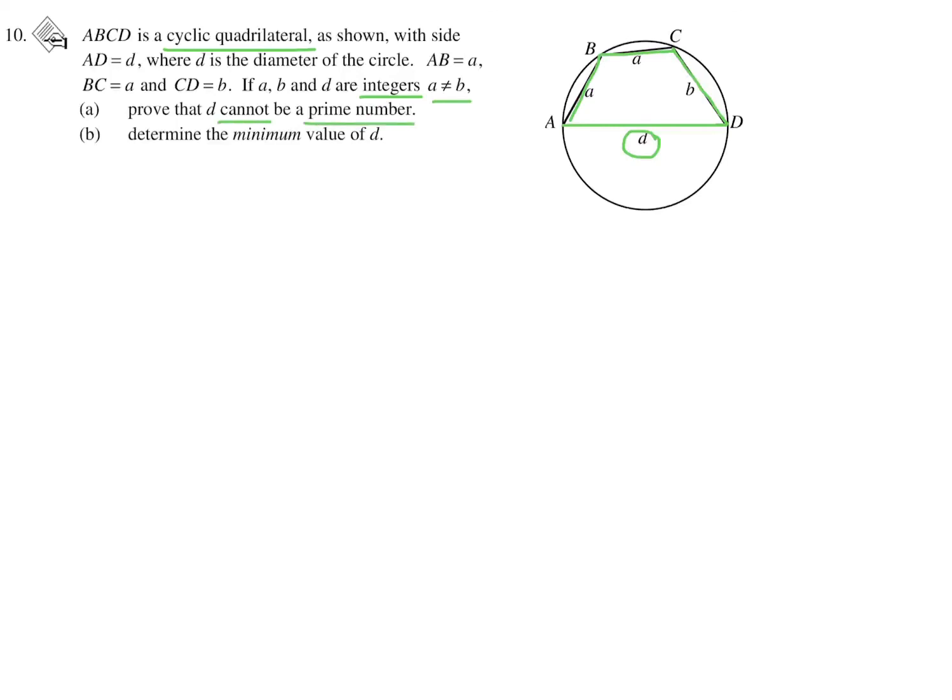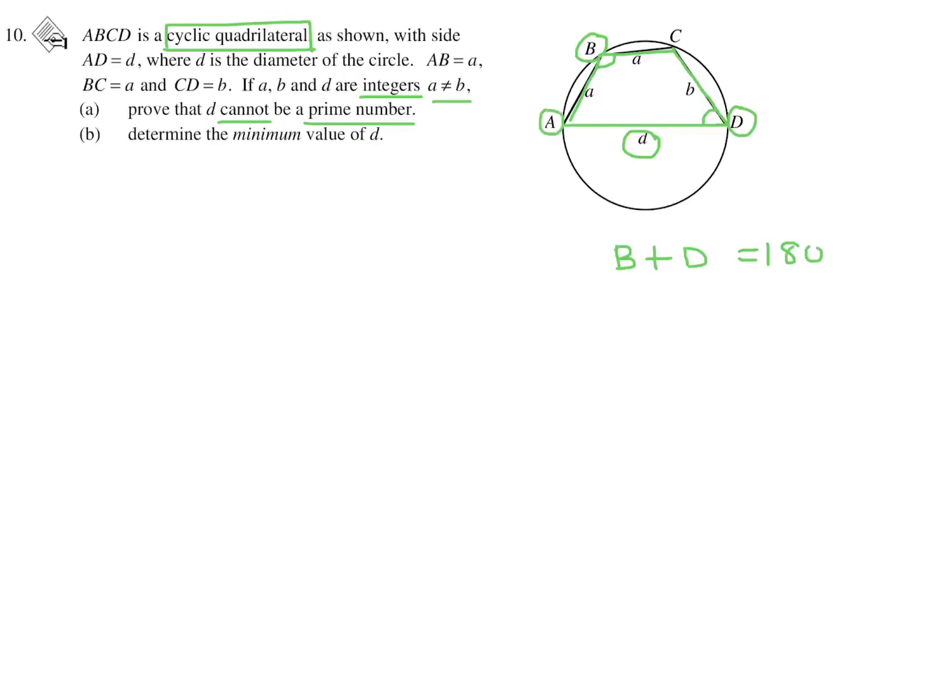So a little bit of review, not too much: when they say cyclic quadrilateral, what does that mean? It basically means that these angles are in a relationship. So B plus D, the angle at B and the angle at D, equal 180.